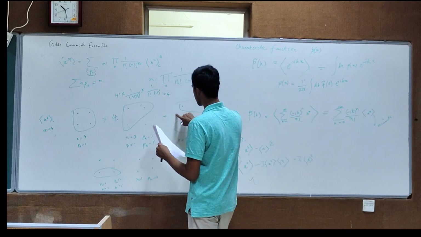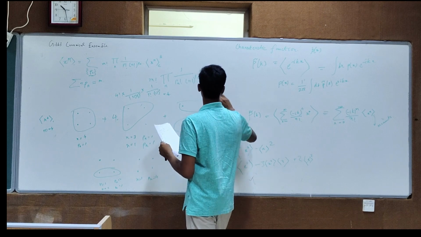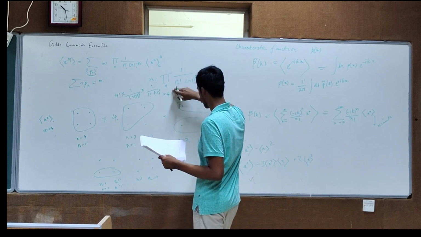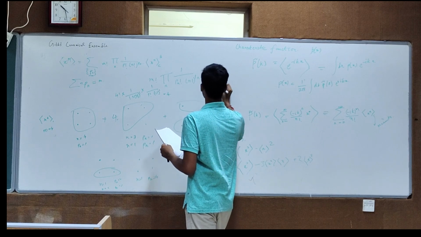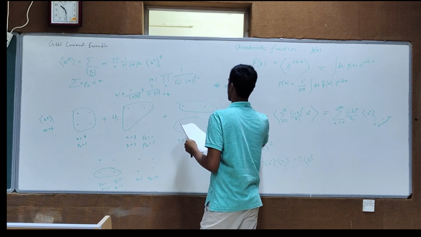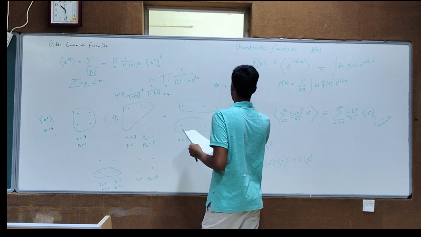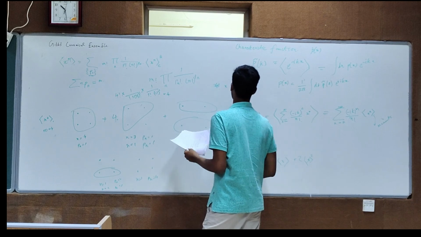Similarly, if you do it for this, you have just one n, in this case n equals 2. So m factorial is 4 factorial, into 1 by 2 factorial, since Pn is 2, and n is 2, so 2 factorial power 2.